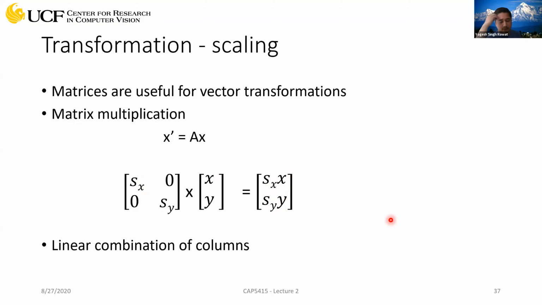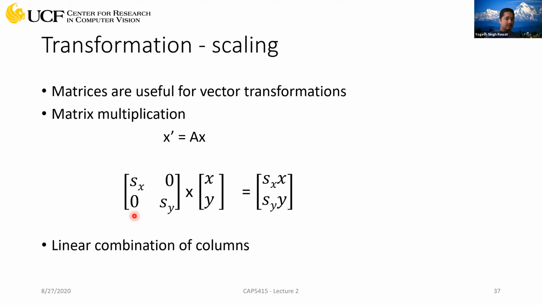Now, we talked about one interpretation where we looked at matrix multiplication as a linear combination of columns. This is almost similar. You have this matrix with columns, and to get the result you do a linear combination of these two columns based on the values you have in this particular vector.